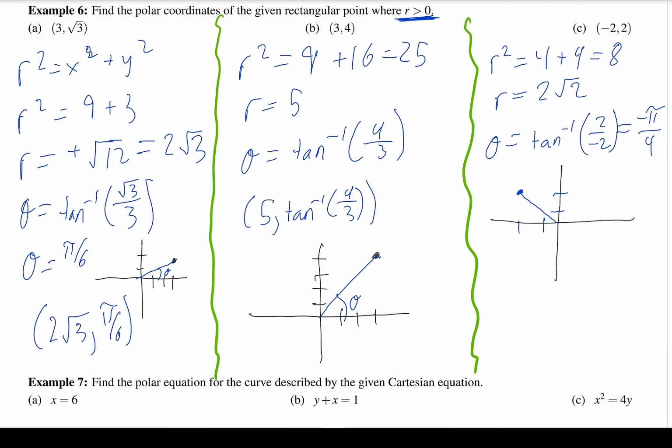If we did theta equals negative pi over 4, we would have a positive radius, we would end up down here. So then what I need to do if I want to keep my radius positive is that I need to add pi to theta. So I'm just going to mark this as wrong. However, if I add pi to it, then everything will work out. So we get that our point is going to be 2 root 2, negative pi over 4 plus pi.